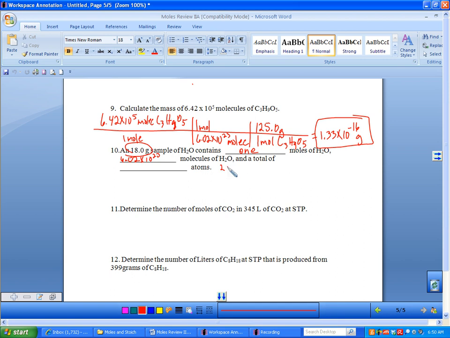Well, there's 2 hydrogen atoms and 1 oxygen atom. So there are 3 atoms for every molecule. And I have that many molecules, so if I multiply this times 3, I'm going to get 1.81 times 10 to the 24th atoms.